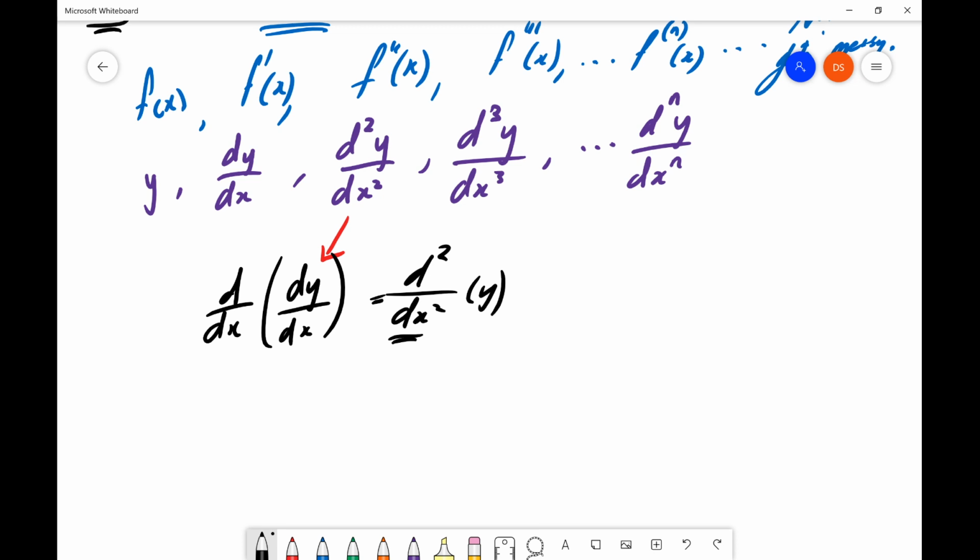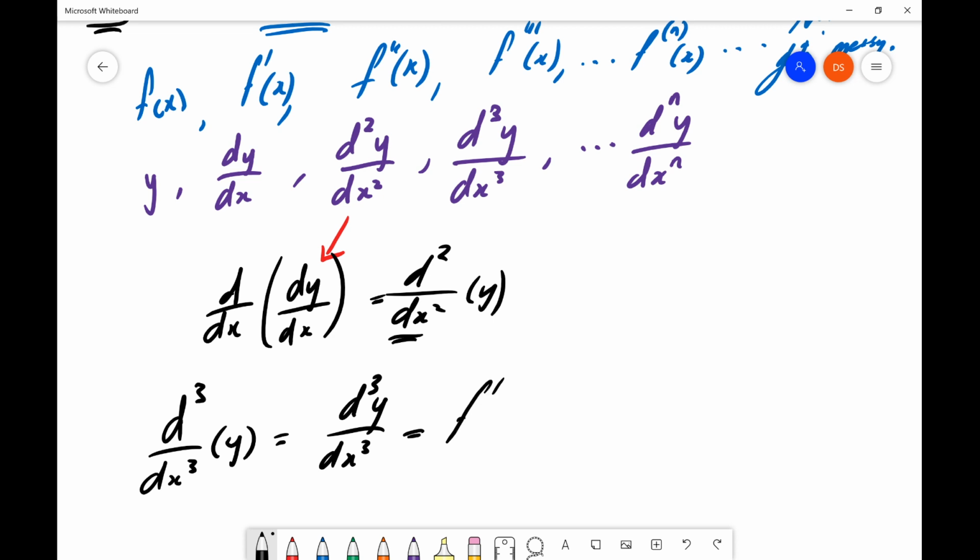So if ever you see the third derivative of y, that is the same as the third derivative of that, also the same as 1, 2, 3 of that, if y equals f of x. Right? I think that's pretty cool. That's why it's d squared y over dx squared, because you won't put the squared on the y.